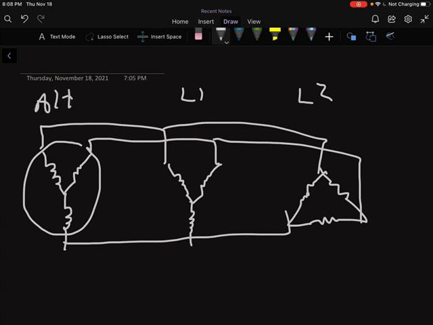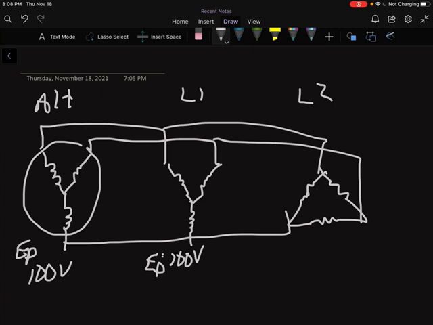Our alternator has 100 volts as a phase value, so that would be E phase. And right off the bat, load 1 is also a Y connected load, so we already know that our E phase here is also 100 volts.